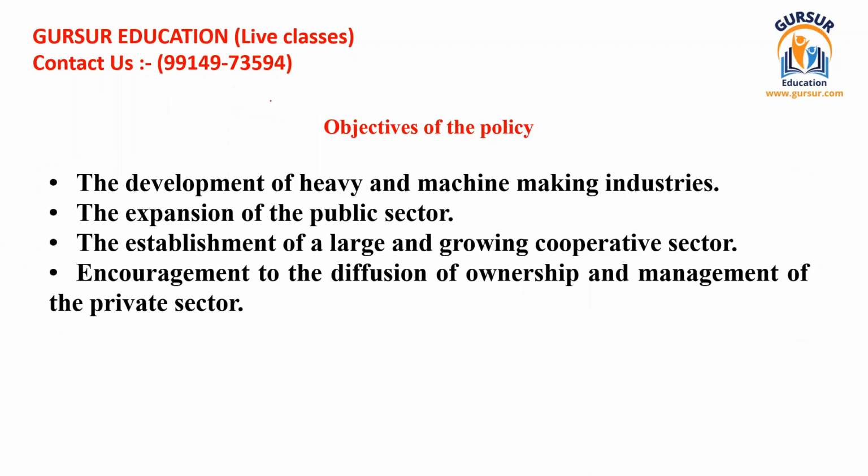For the exam point of view, we have to study only those things which are relevant. So there were only 4 major objectives for the Industrial Policy Act 1956. The first was development of these sectors, then expansion of the public sector, then growth of the cooperative sector, and diffusion of ownership and management of the private sector. So this was all about that.